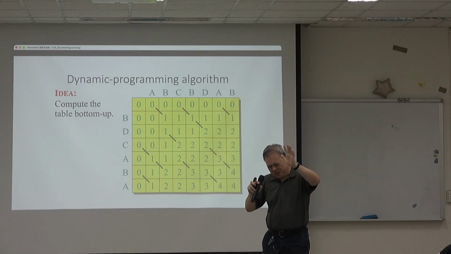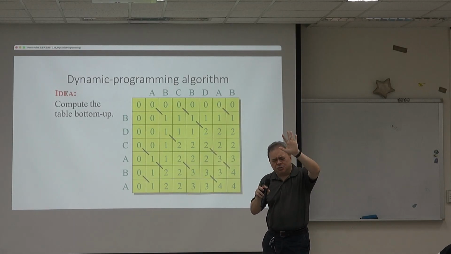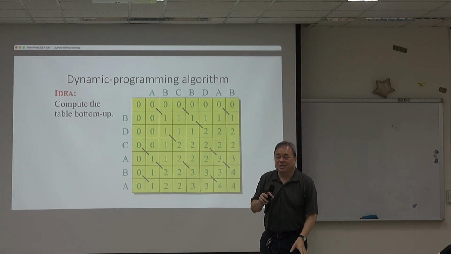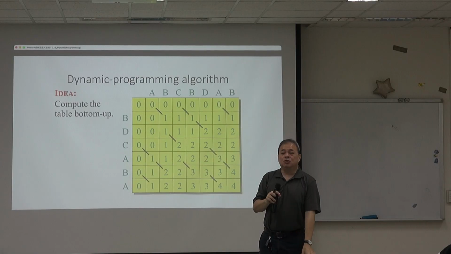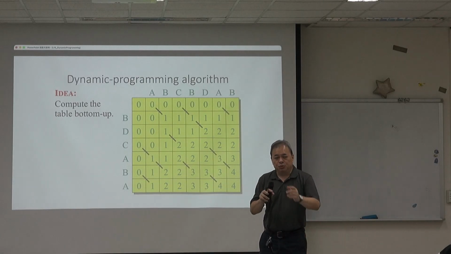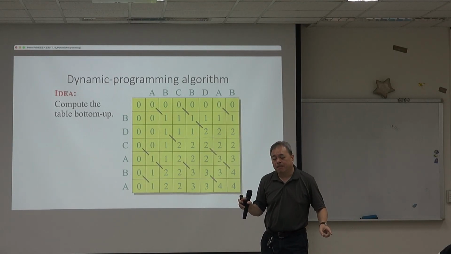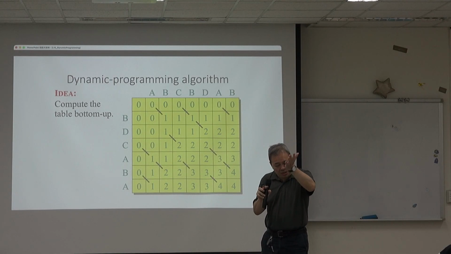If this cell is not from the diagonal, it's from either the top or the left. If the top and left have the same value, then you should branch out. You should have a branch for both directions. But if one of them has a bigger value, you should take that direction.